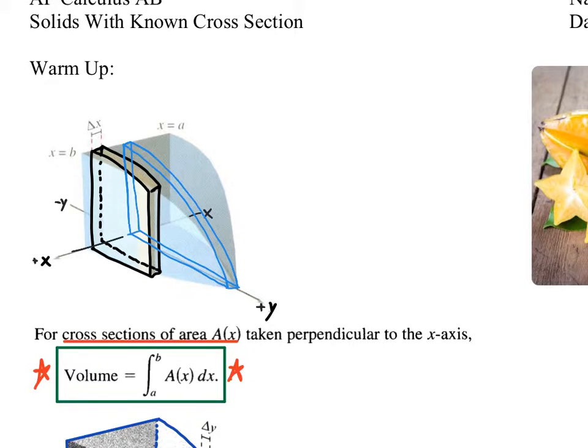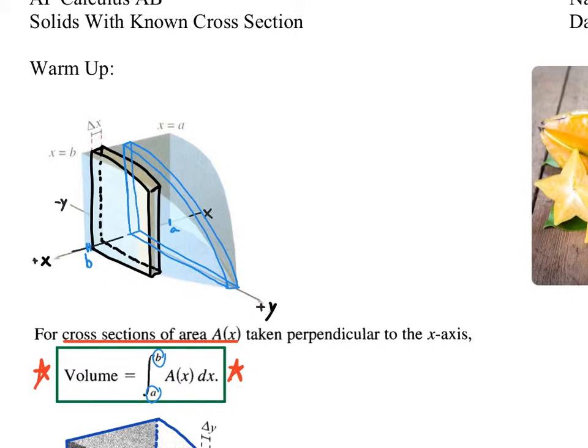Okay? Now, our bounds, notice, are going to be values of x. So our a would be back here, and our b would be up here. Okay? So we're integrating from a to b along the x-axis. The challenge of this is going to be finding the expression of area.